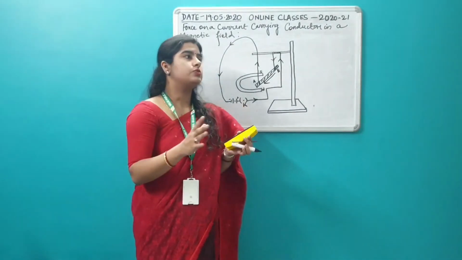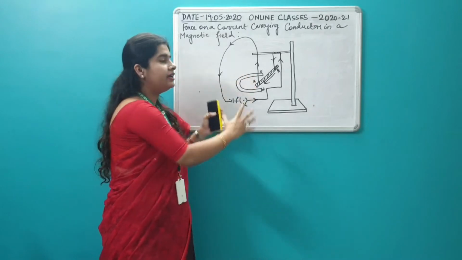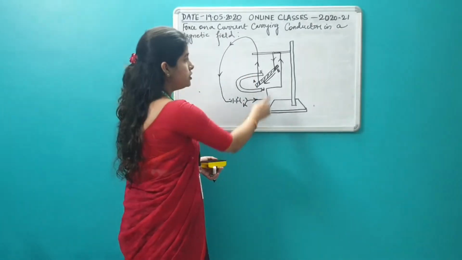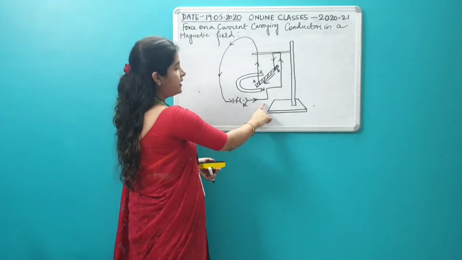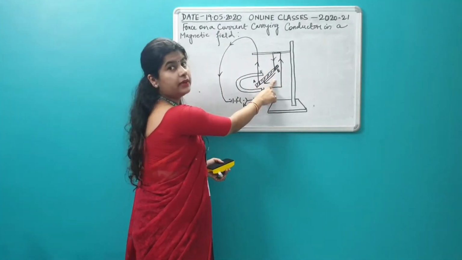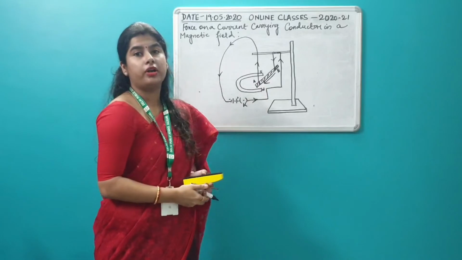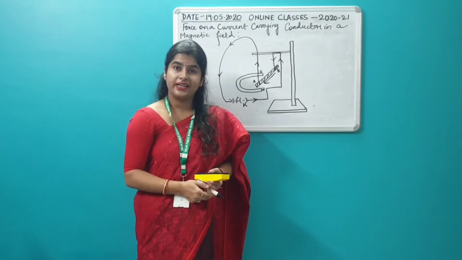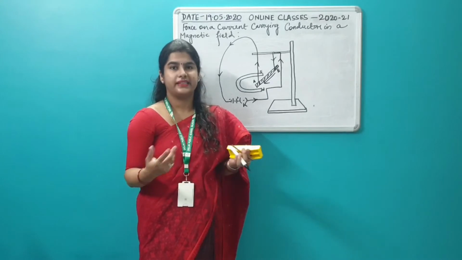This was an activity that was done to see whether the force is acting or not. You can see there is a wire which is connected with an aluminium rod, and this aluminium rod is a conductor, and we know when current flows through a conductor, it produces a magnetic effect.